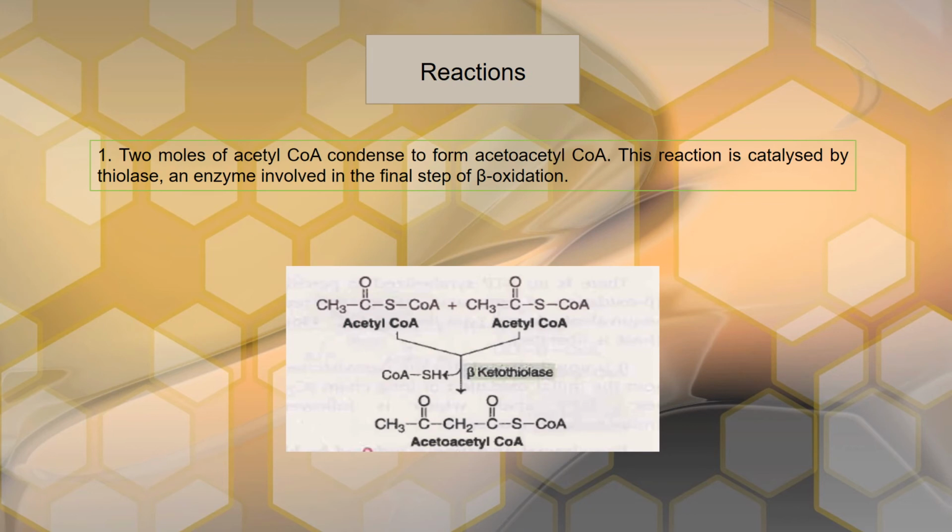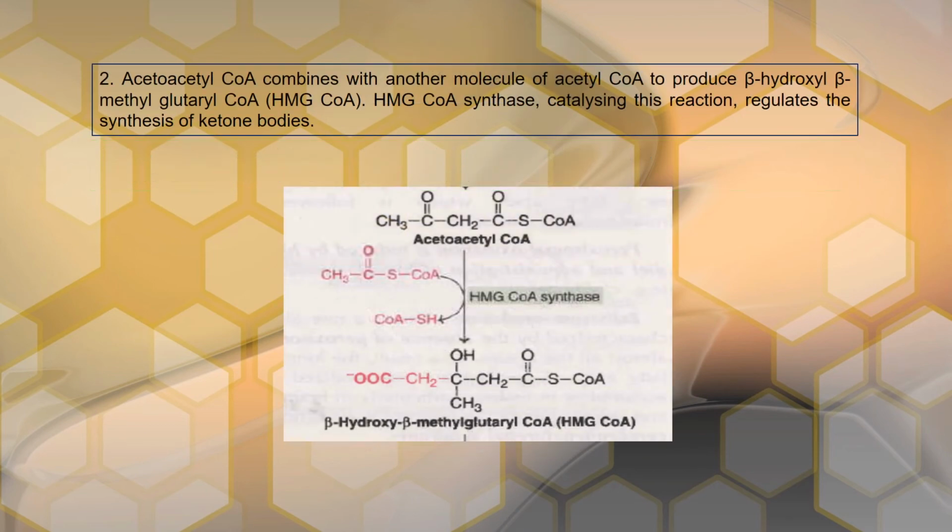Step 1. 2 moles of acetyl coenzyme A condense to form the acetoacetyl coenzyme A. This reaction is catalyzed by thiolase enzyme, which is involved in the final step of fatty acid oxidation. Step 2.